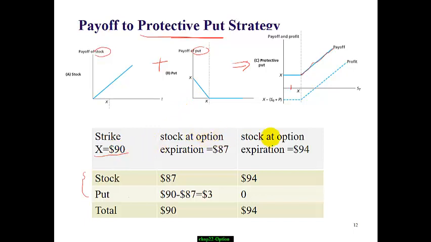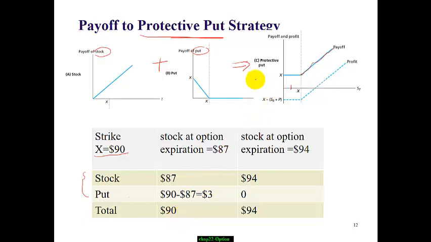Let's look at 2 cases, when the stock finishes below or above this 90 price. When the stock price is below 90, say the stock is $87, the put option is in the money. So we are actually getting a $3 payoff. Put them together, the total payoff is $90.